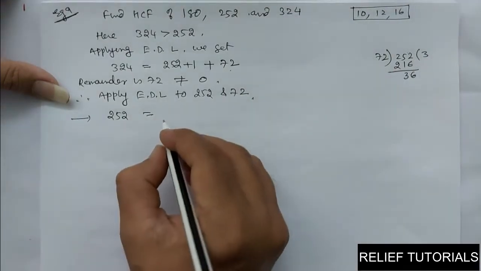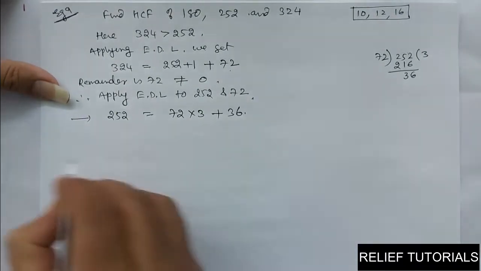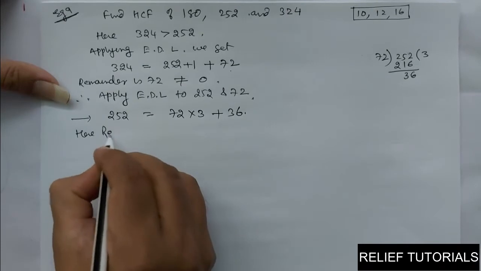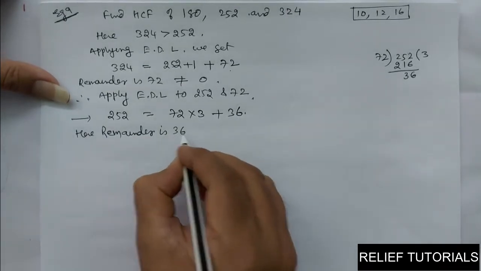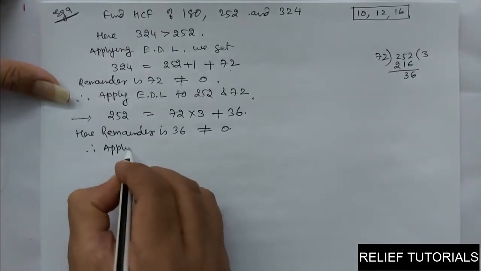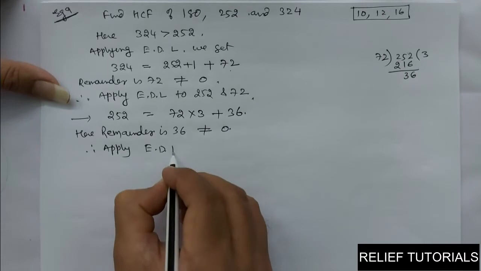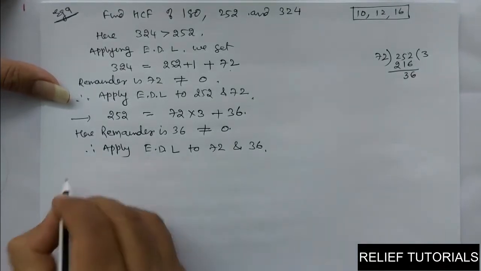Clear? So we can say 72 into 3 plus 36. So here the remainder is 36, which is not equal to 0. Therefore apply Euclid division lemma to divisor 72 and remainder 36.